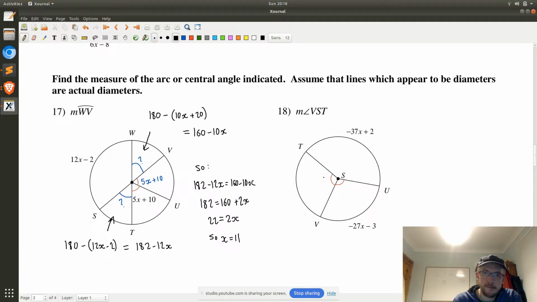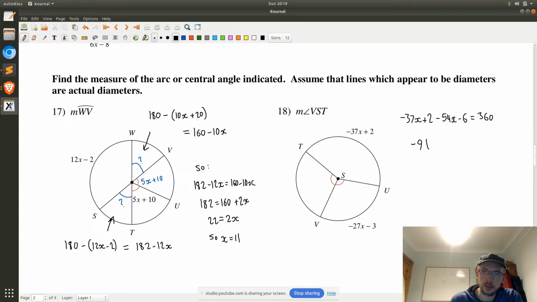Right there. Okay, and so these two angles are congruent. So -37x plus 2 minus 54x minus 6 is equal to 360. And now take these away.